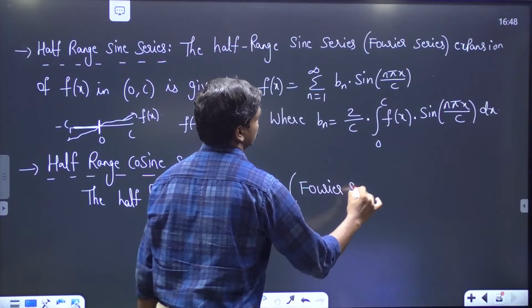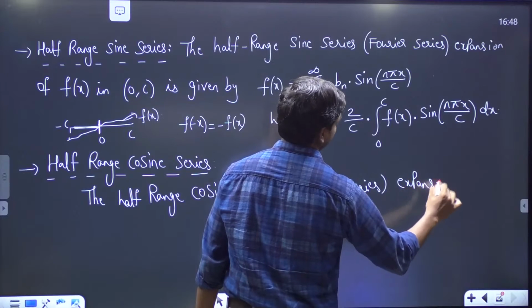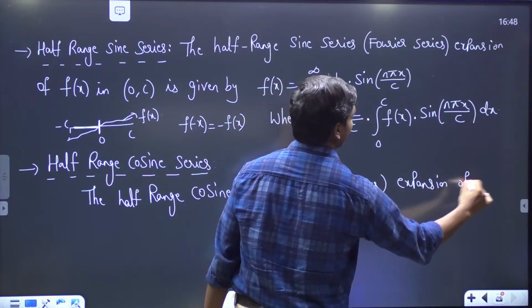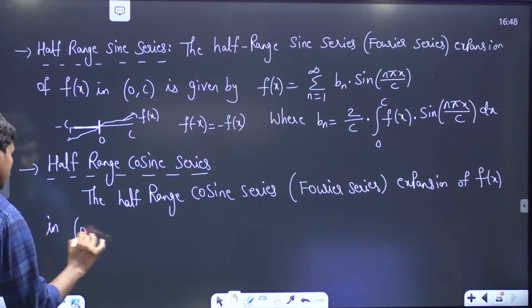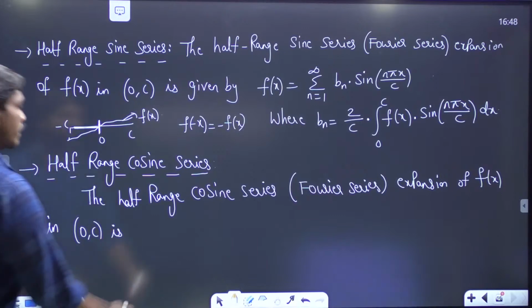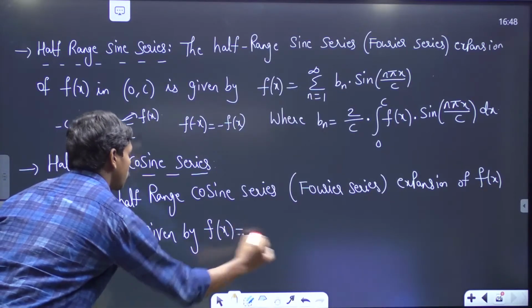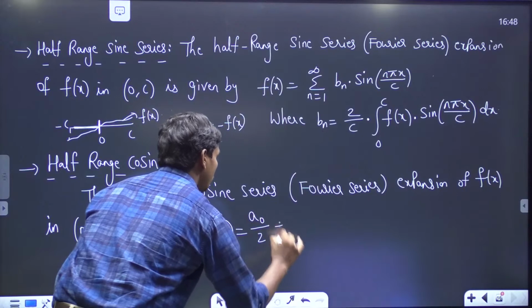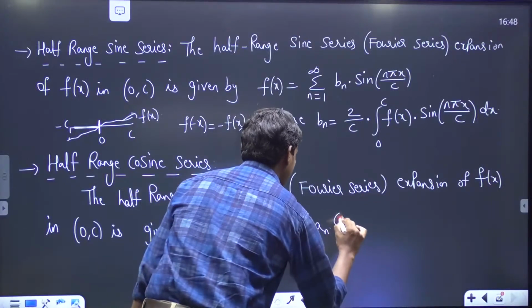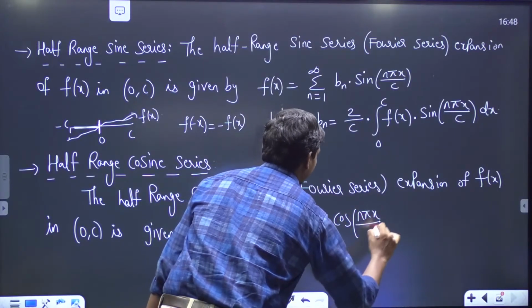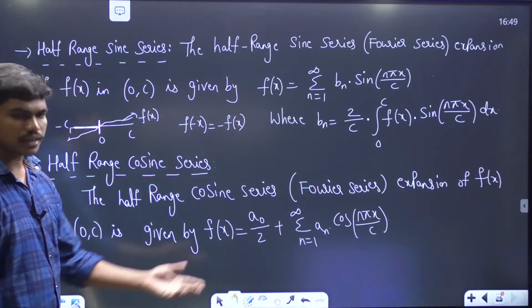So the Fourier series expansion of f of x in 0 to c is given by f of x is equal to a naught by 2 plus sigma n is equal to 1 to infinity a n into cos n pi x divided by c. This is the Fourier series expansion. Yes, the bn term won't be there in the cosine series.